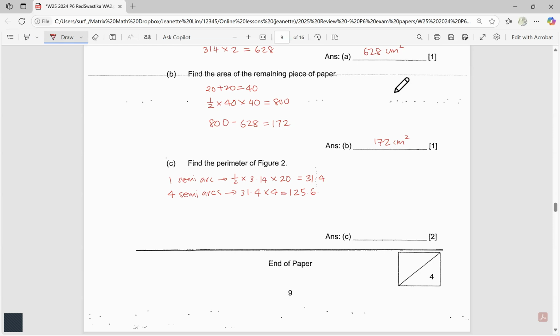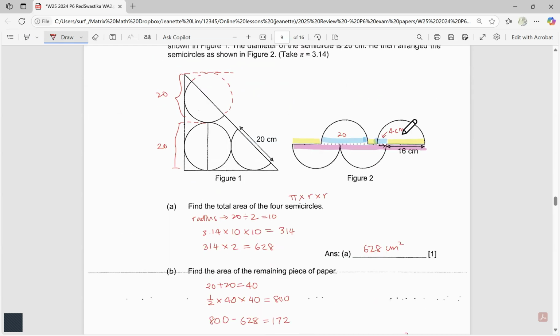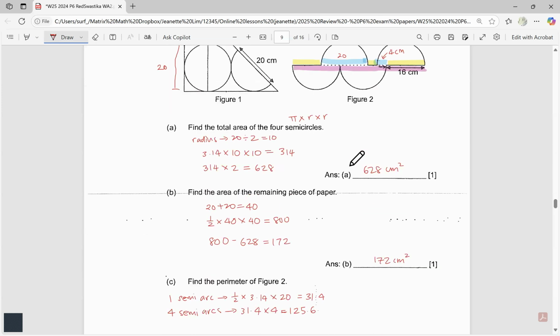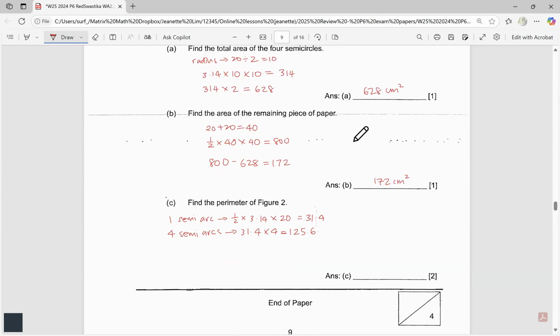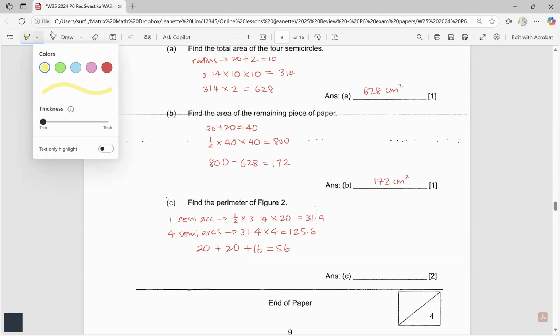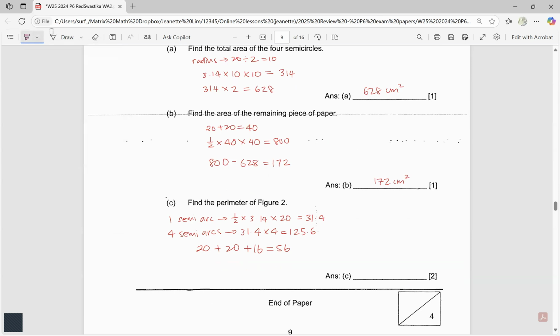Then, as I was saying about the straight lines, I want to find the yellow one, which is the pink ones minus the blue ones. Let's find the pink ones, which is 20, 20, 16, which is 56. Let's indicate here, this is the pink one.